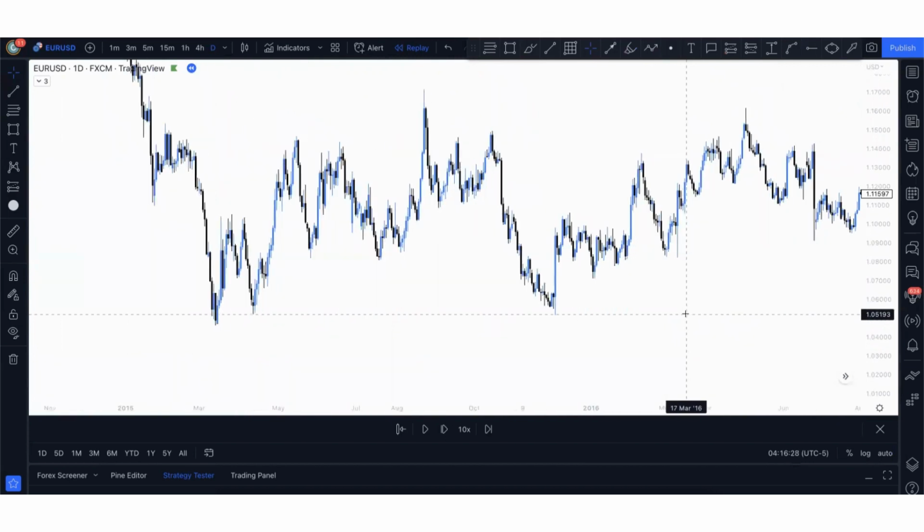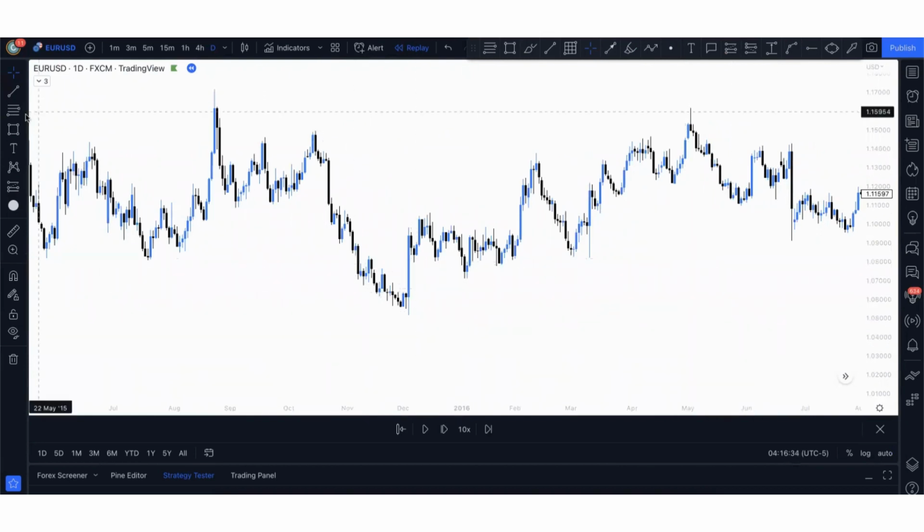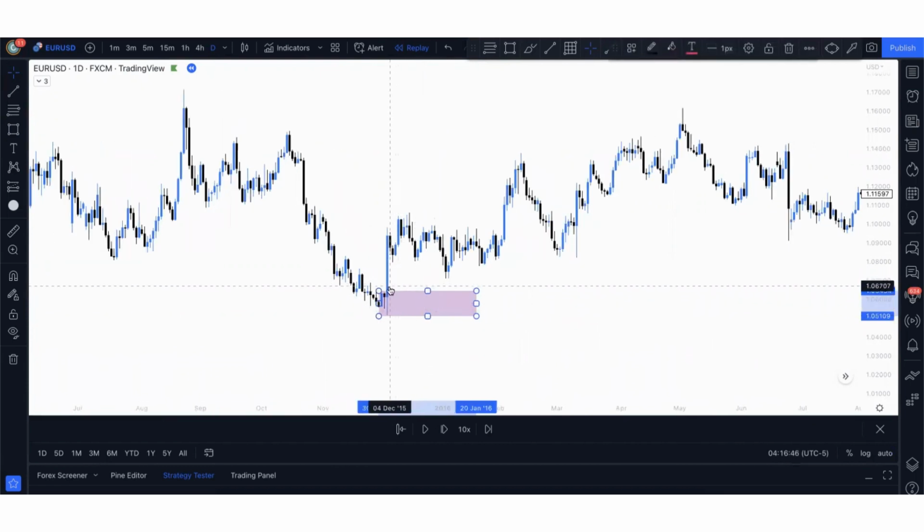So let's take a look at this one. This is a bullish order block, because it was ranging in this area, and then price pushed to the upside, and like what I've said, there's a lot of inefficiency here, from this last down candle and then up to this wick right here.